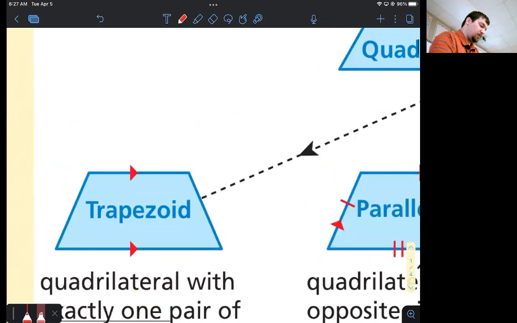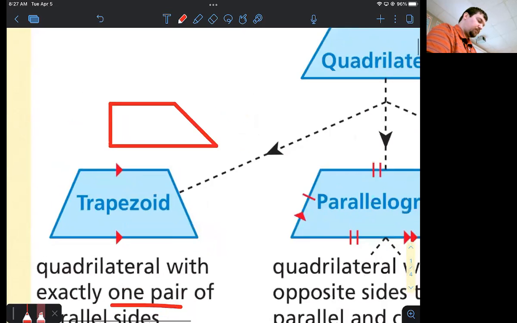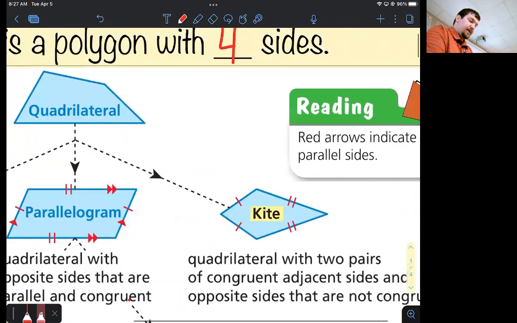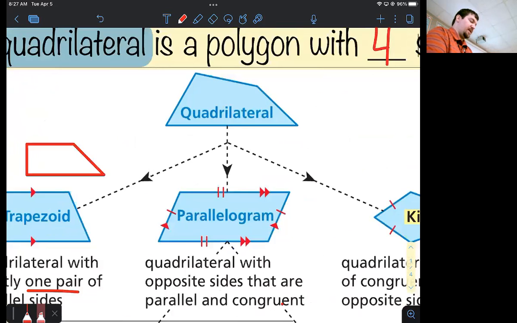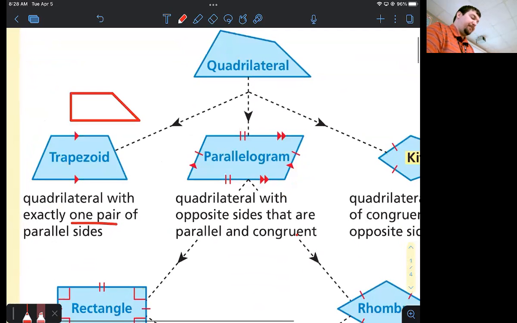Also, trapezoids can look like this. You've probably seen them look like this before. Still only have 1 set of parallel sides. Now, the little red arrows indicate which sides are parallel. So when you see those red arrows, that's what they're trying to tell you, these sides are parallel. So that's a trapezoid, okay?